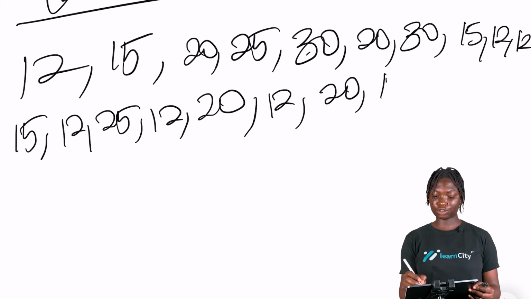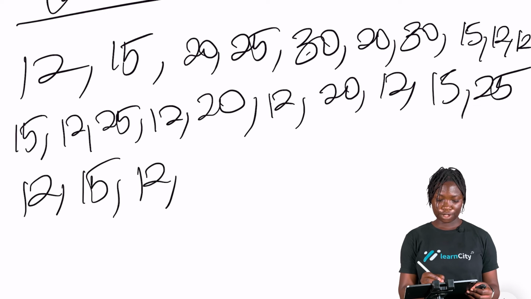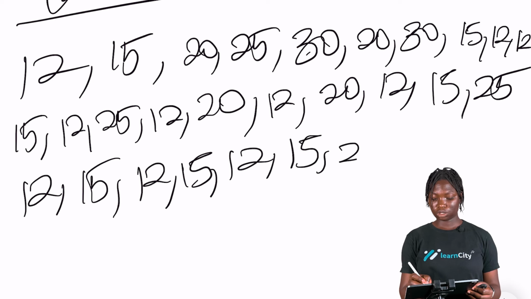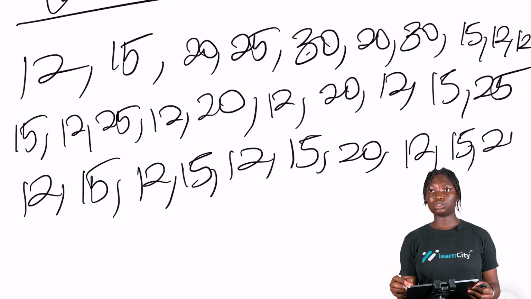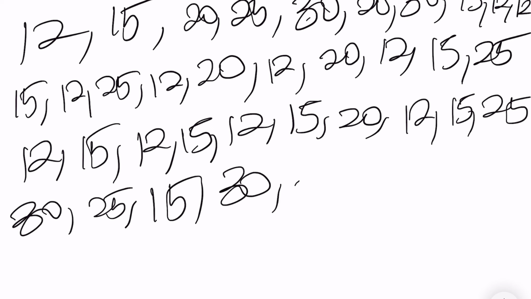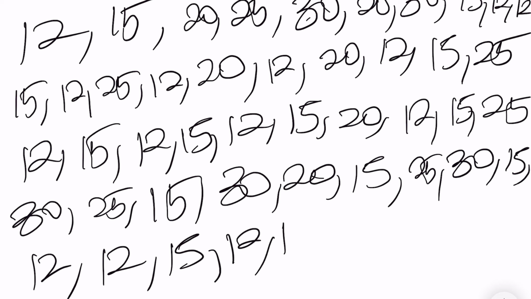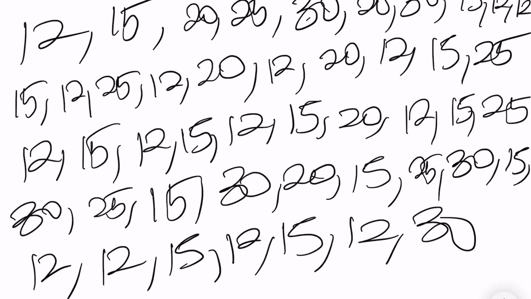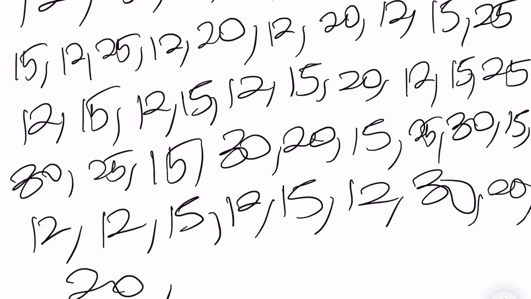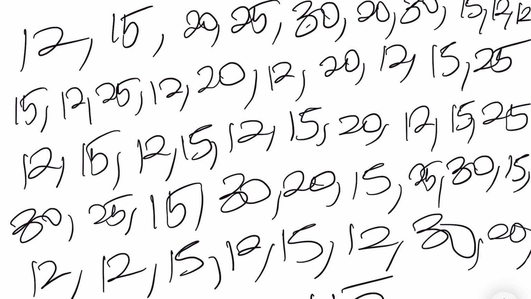We have 20, 12, 15, 25, 12 again, 15, 12, 15, 12, 15, 20, 12, 15, 25, 30, 25, 15, 30, 20, 15, 25, 30, 15, 12, 12, 15, 12, 15, 12, 30, 20, 20, 12, and 15. So these are the scores of the students in the maths test.